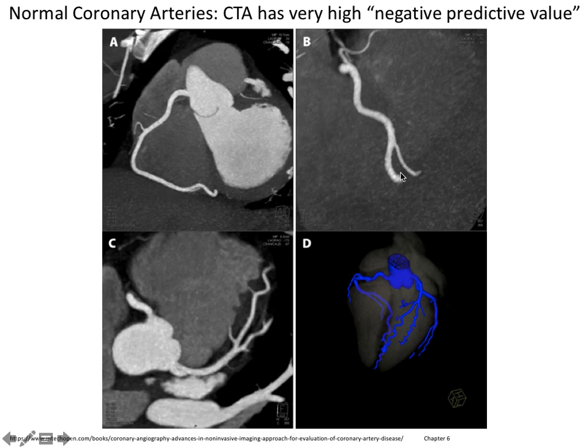Here's another picture of, don't know which vessel that is. Here's the right coronary coming out here. This is the left going into the left anterior descending coronary artery there. So you get beautiful pictures of the coronary vessels with CT.